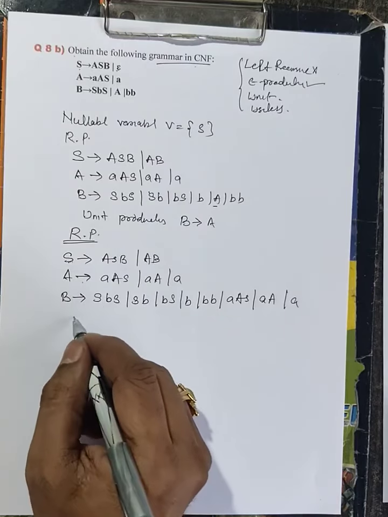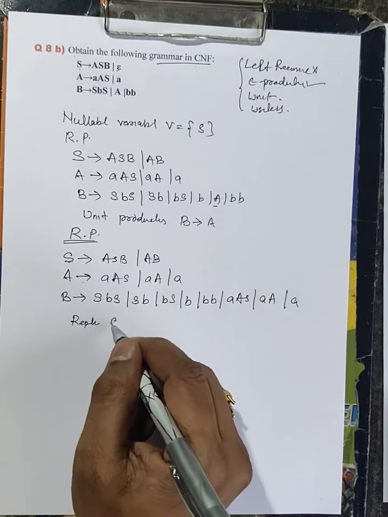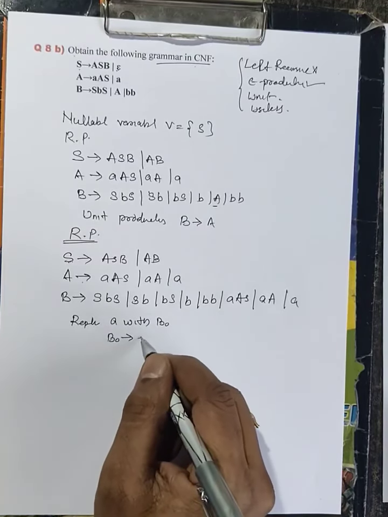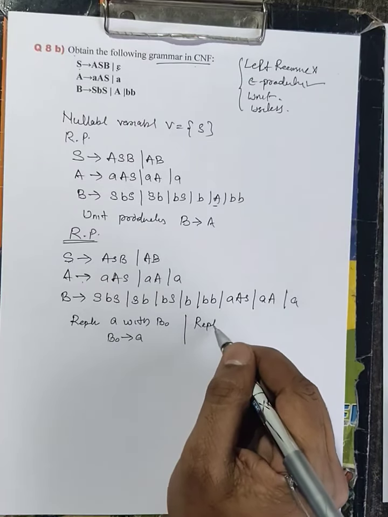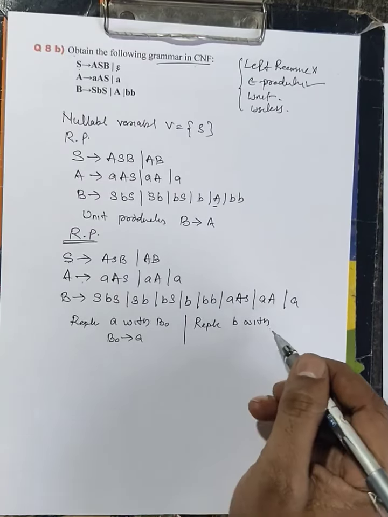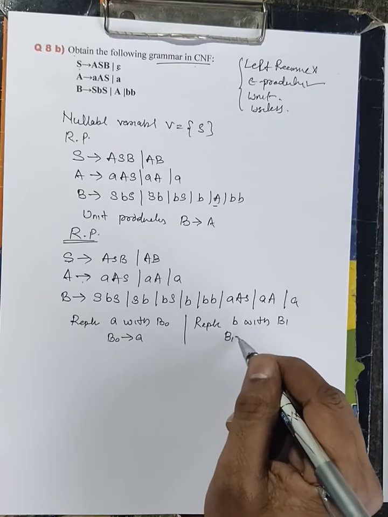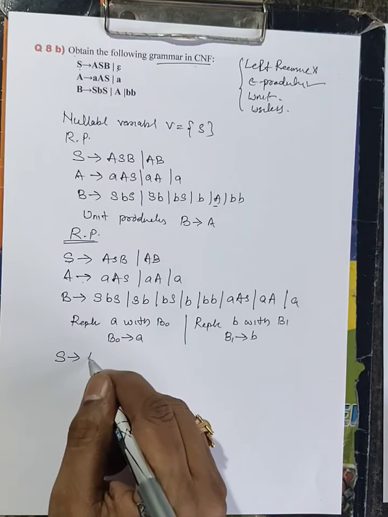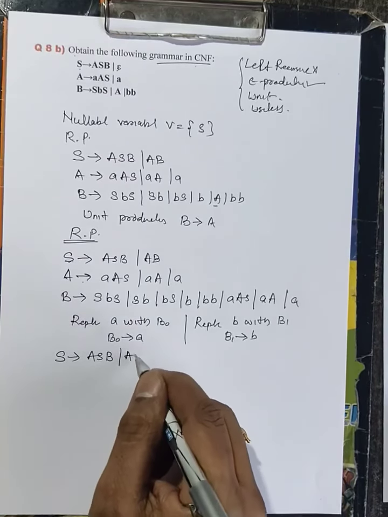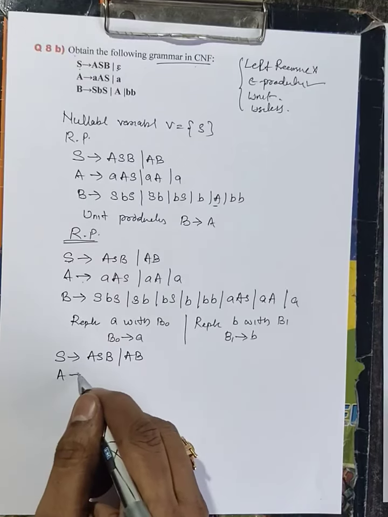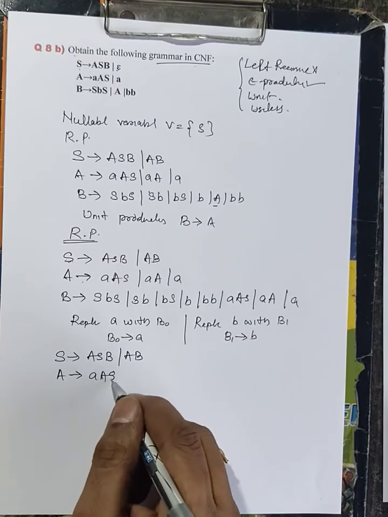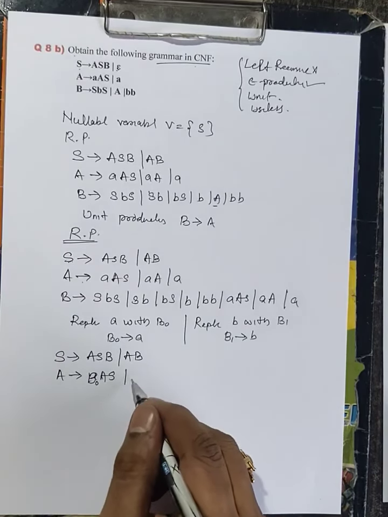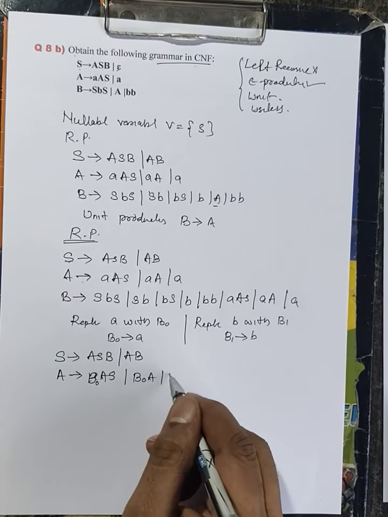If there are no useless productions, then convert this into CNF. First replace a with B0; B0 produces a. Replace b with B1; B1 produces b. After replacement we get S produces ASB or AB, and A produces AAS, that is B0 AS, or B0 A, or a.